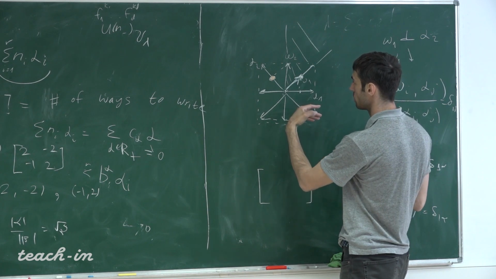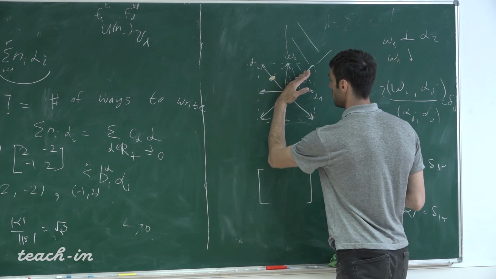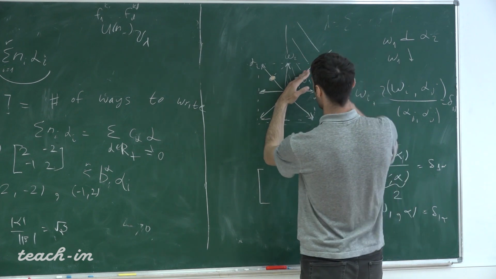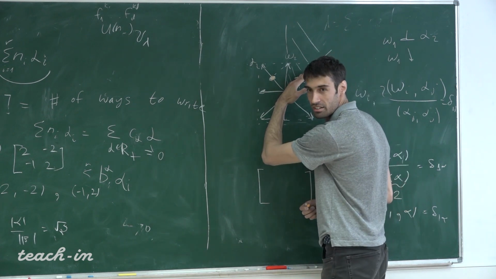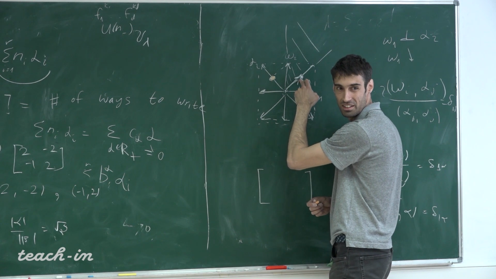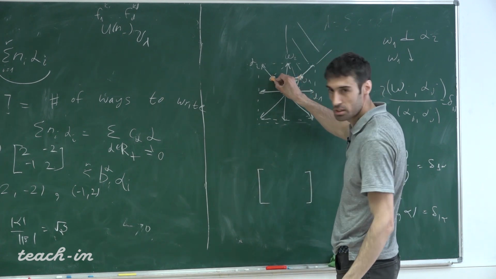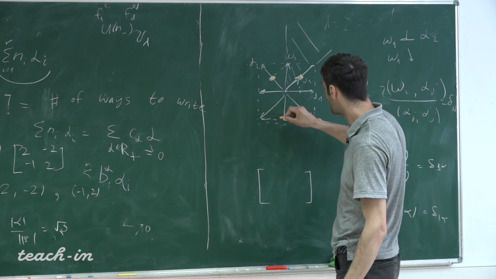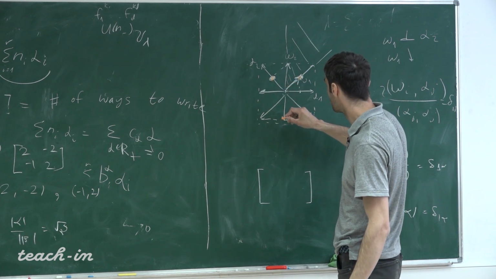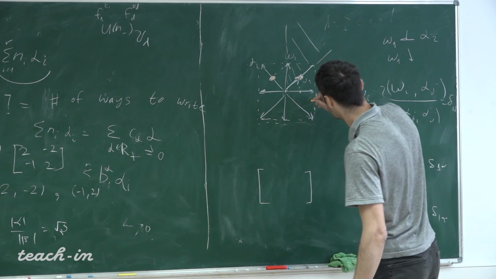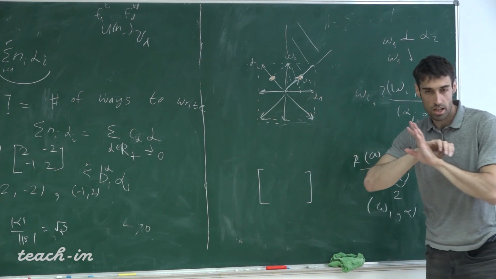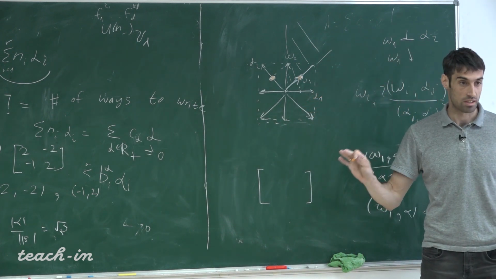So S2 is this one, right? And if I reflect, I don't change anything. I stay here. But then I can reflect this one with respect to, but then I don't even need this.